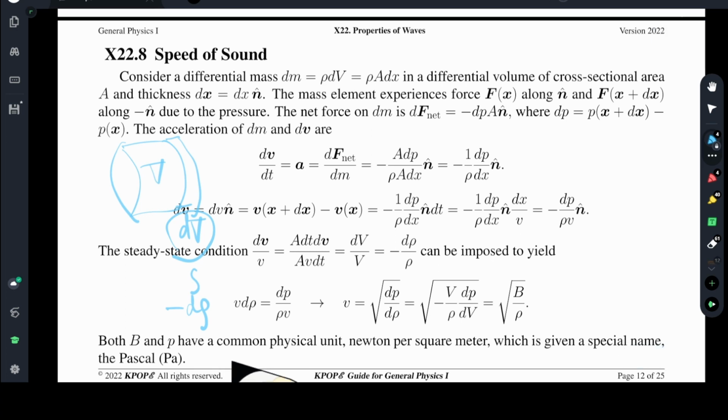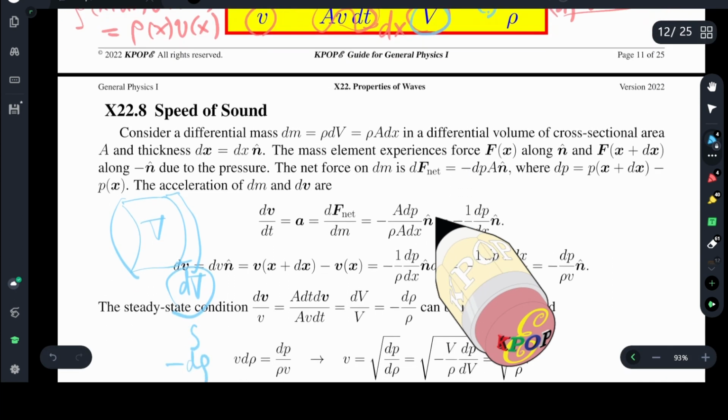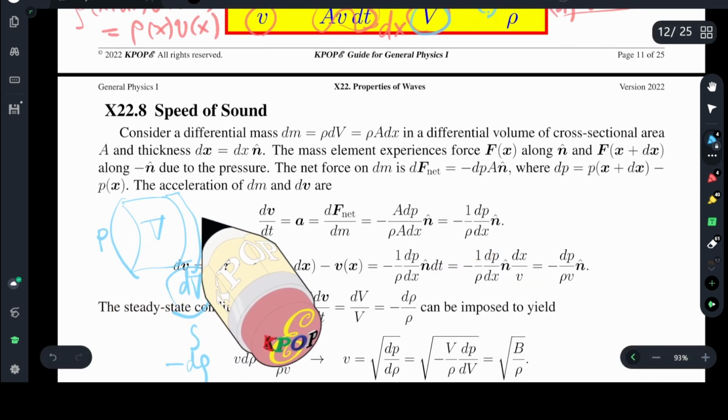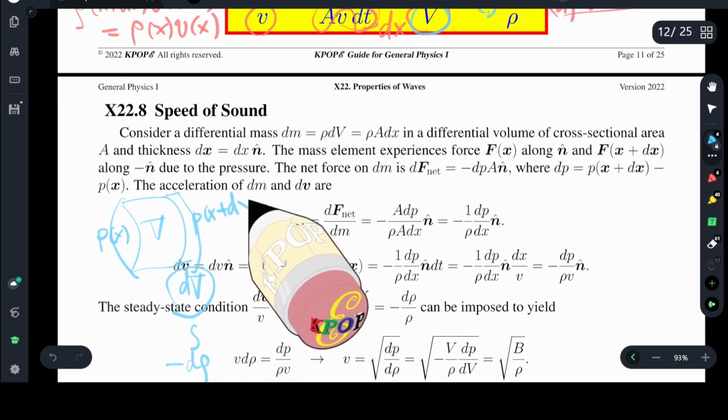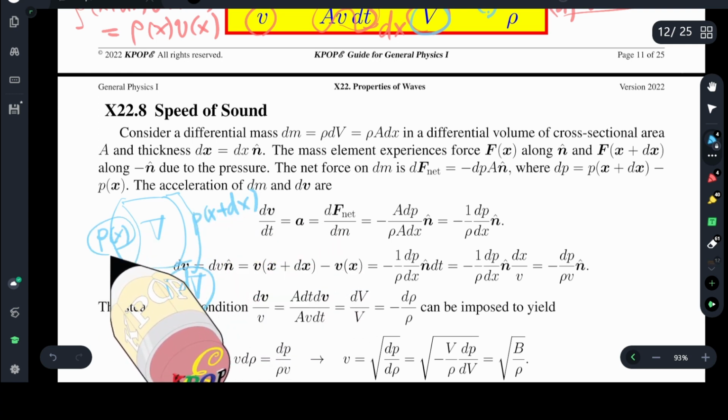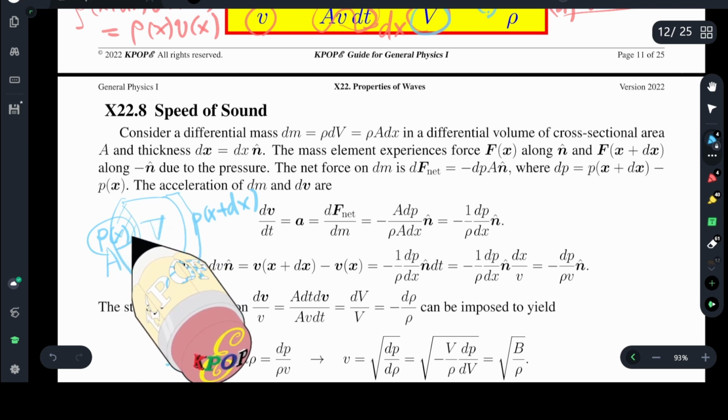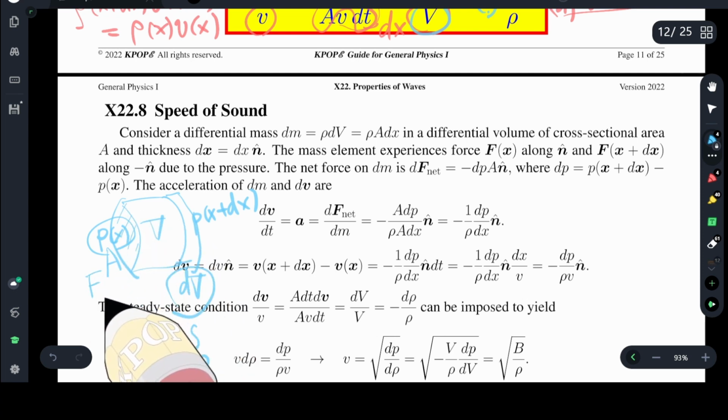So we have obtained everything. There is a pressure at x and a pressure at x plus dx. If I multiply the pressure by the cross-sectional area, I can find the force.